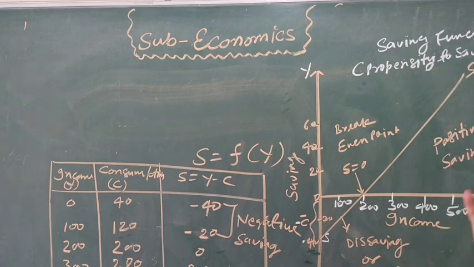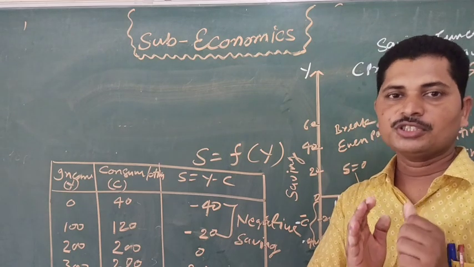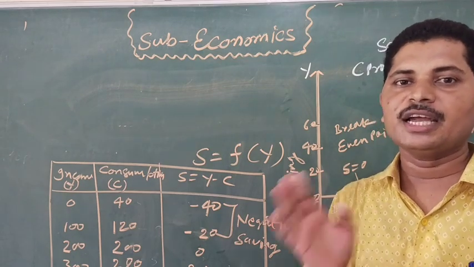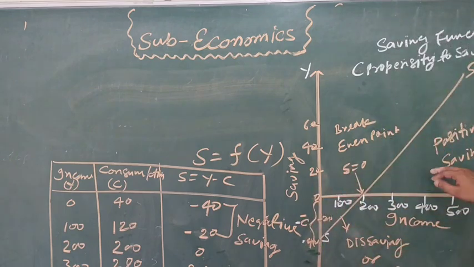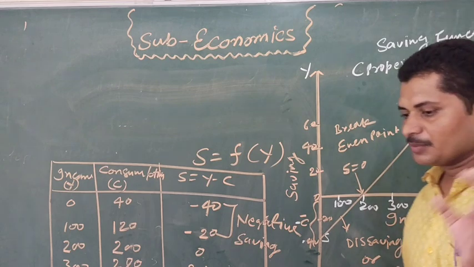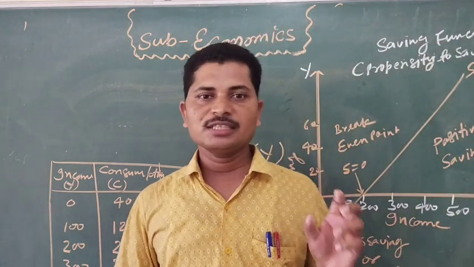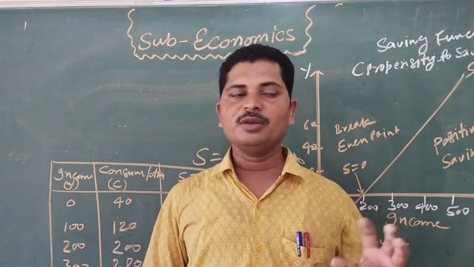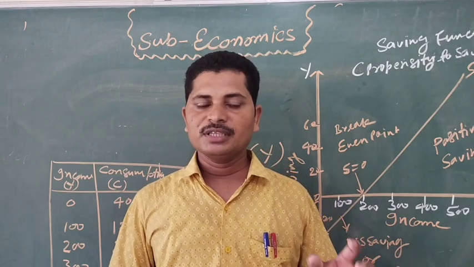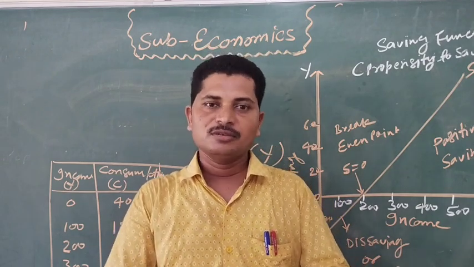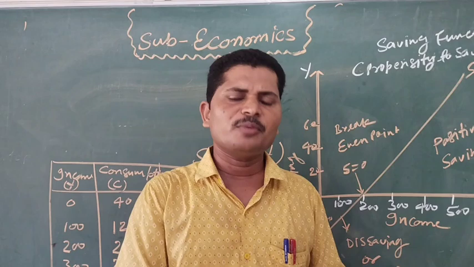So after the break-even point, saving is positive. That is the explanation of the propensity to save. Propensity to save refers to the functional relationship between saving and income.